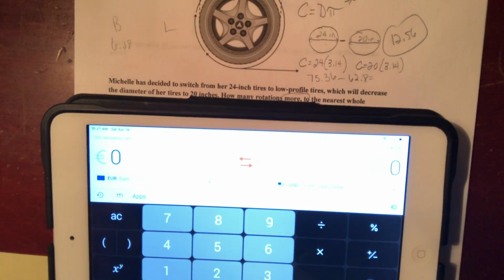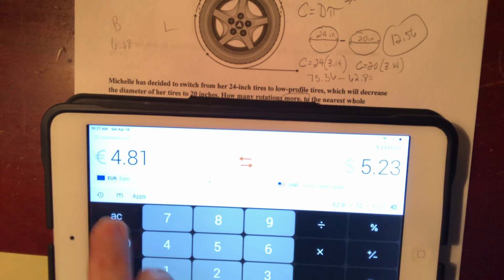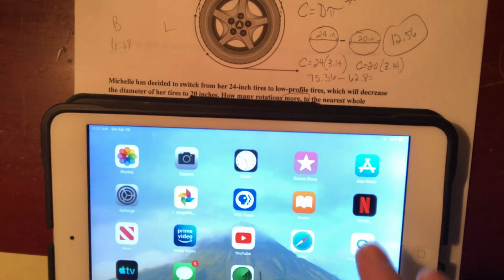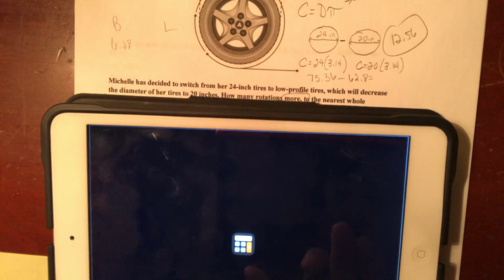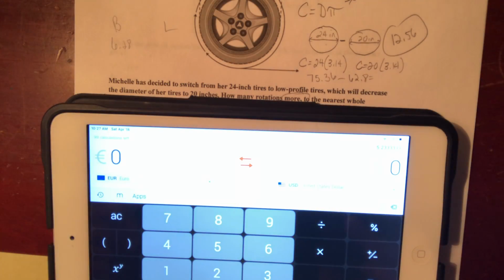For the little tire, 62.8 divided by 12. I don't know where the money thing came from. Now I can't get rid of it.